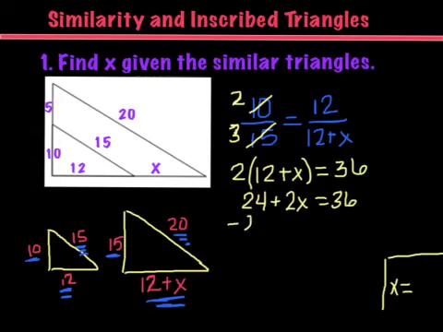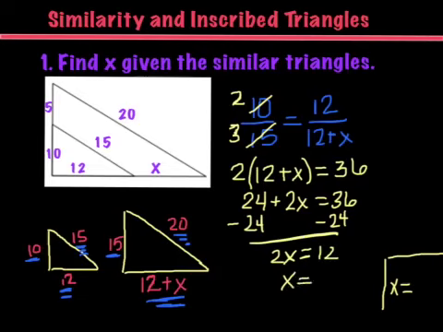Subtract 24 on both sides, and we get 2x equals 12, which means that x equals 6. So we solved for x, which was what we were asked to do. So let's write our answer over here. X equals 6.